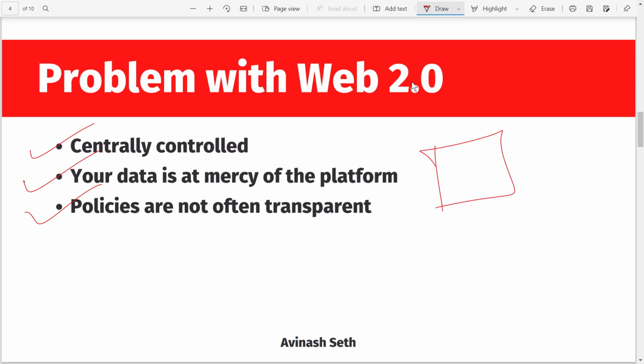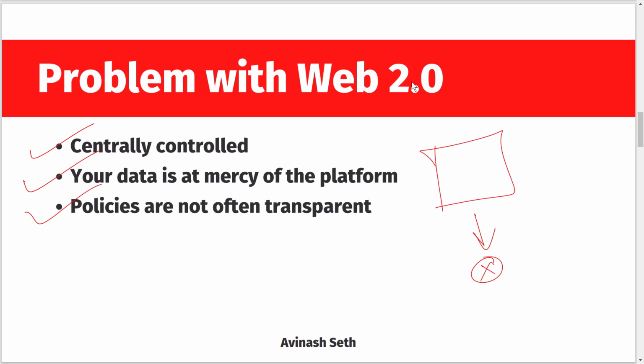Let's say you're using a platform, and the next day you realize that you're banned from that platform. Since policies are not often transparent, you will be shown that since you're violating the policies of our company, you are blocked or banned from using our platform. But the problem is we don't know the actual reason they have banned this.